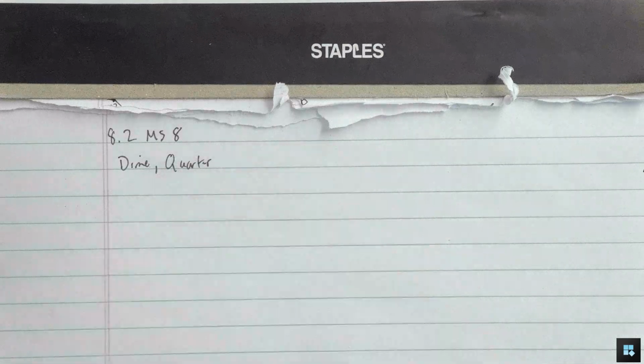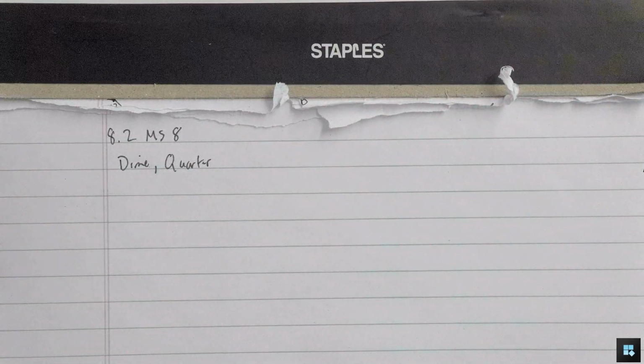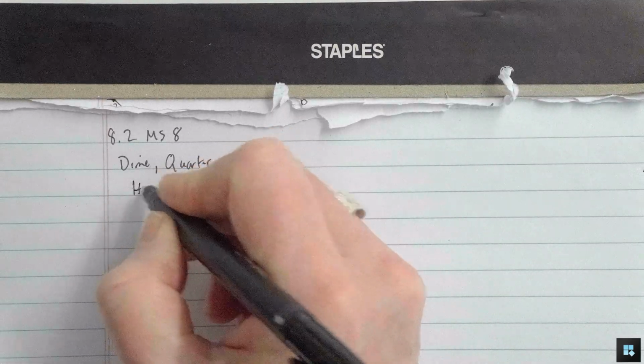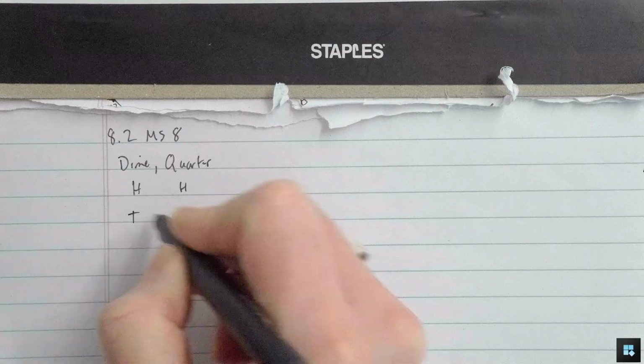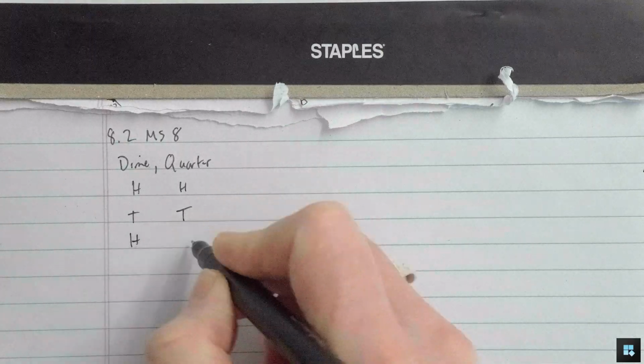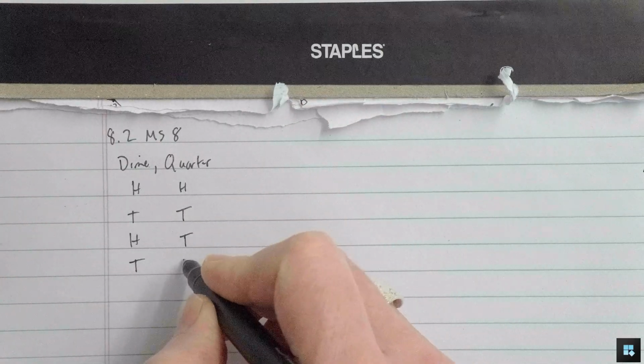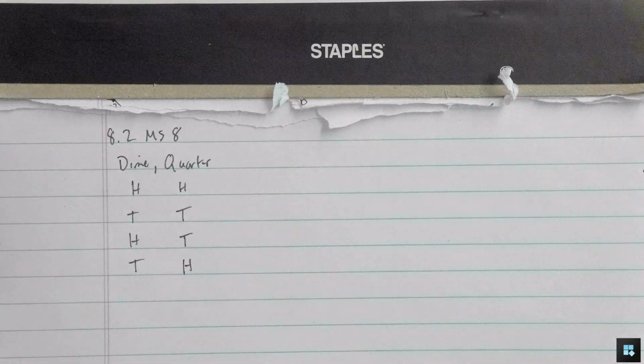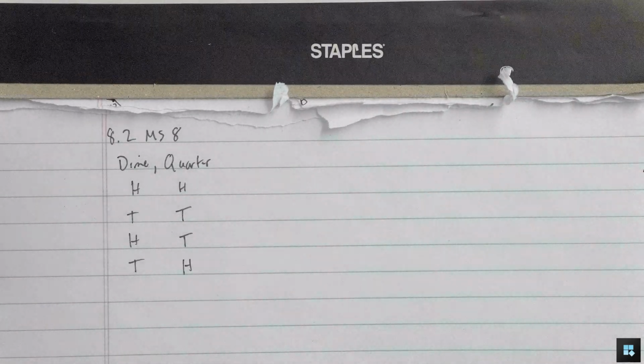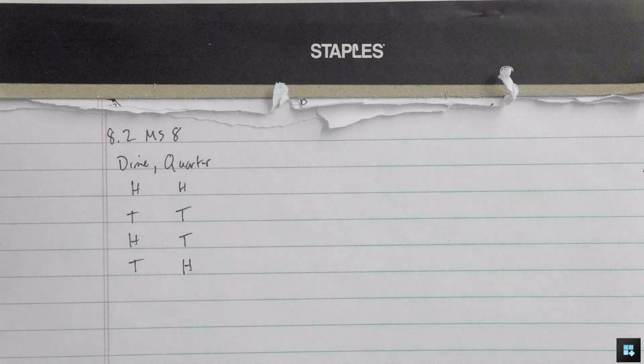So let's write out the possible outcomes from flipping a dime and a quarter. They could both be heads, they could both be tails. One could be tails and the other heads. Now we're supposed to ignore one set, but I'm not on my video, so I can't tell anymore. What are we supposed to ignore?